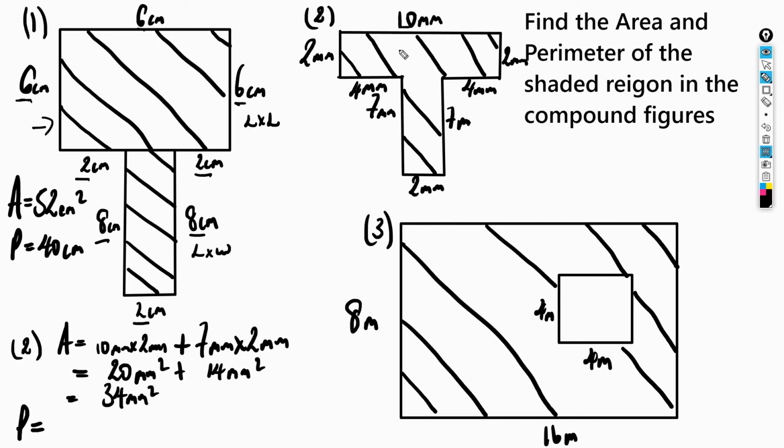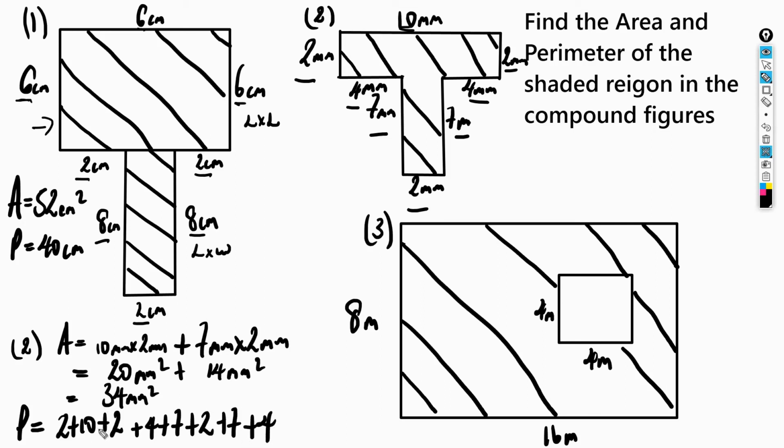All right, guys? So to find the perimeter now, we'll have to add right around. So we'd add 2 to 10 to 2 to 4 to 7 to 2 to 7 to 4. Okay? So we're going to end up with 2 plus 10 plus 2 plus 4 plus 7 plus 2 plus 7 plus 4.